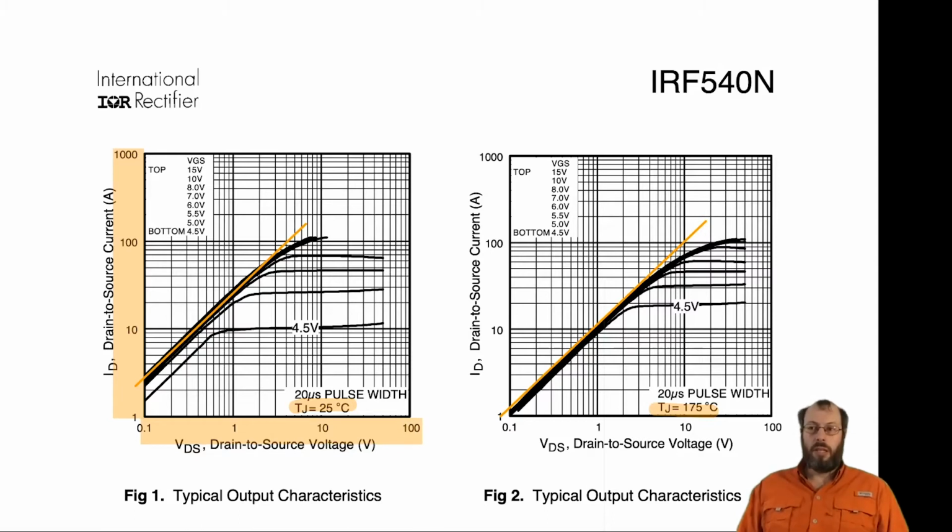The different lines represent different gate source controlling voltages from bottom to top, starting at 4.5 volt, so slightly above the gate threshold voltage of maximum 4 volts in both cases. Note that the saturation characteristics are rather different at 175 degrees compared to the 25-degree case.